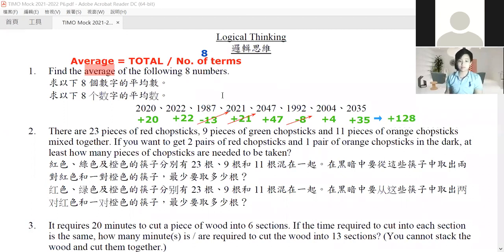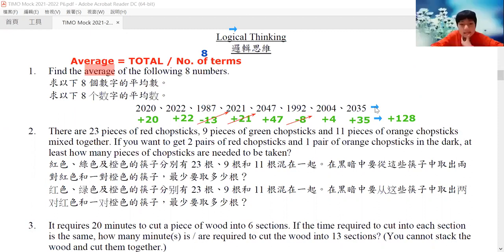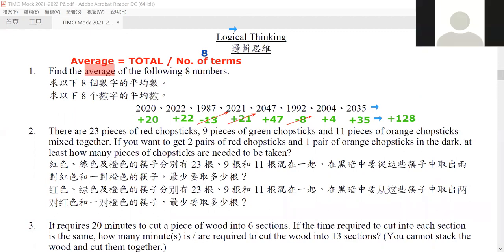So you know that the sum consists of 2 parts. One is the base, which is 8 times 2000. This is the base of it, which equals 16000, and then you need to add 128 to it. So the total will be 16128.